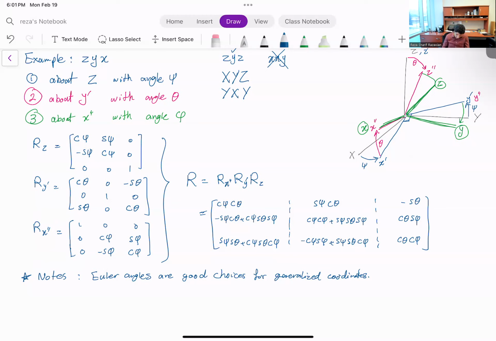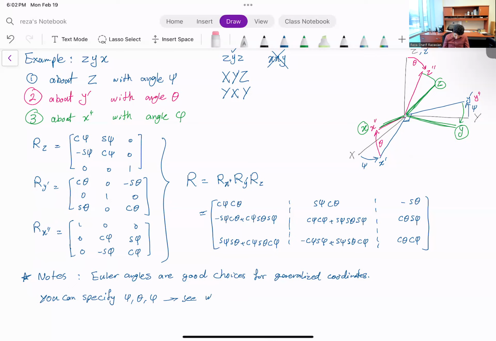Another thing is you can construct your Euler sequence. You can specify, for instance here, the sequence psi, theta, and phi, and see what rotation you get.